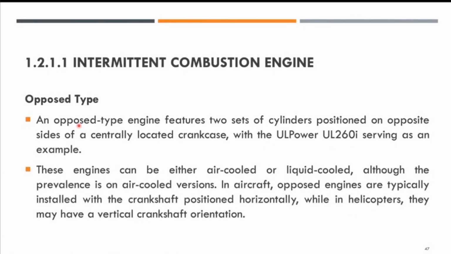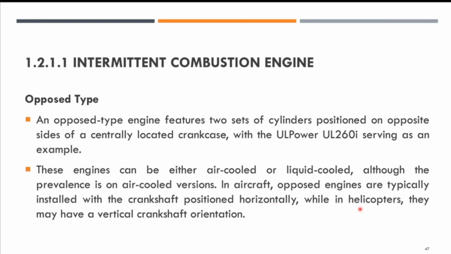And then the next one is the opposed type. The opposed type of engine features two sets of cylinders positioned on opposite sides of a centrally located crankcase. This kind of engine can be either air cooled or liquid cooled, although the prevalence is on the air cooled version. Aircraft opposed engines are typically installed with the crankshaft positioned horizontally.